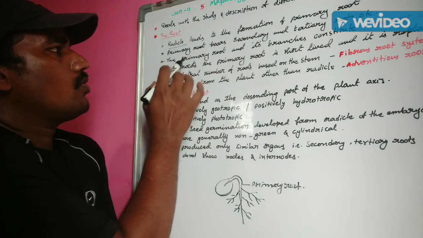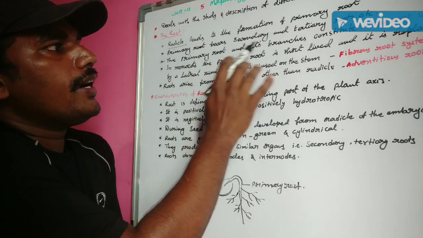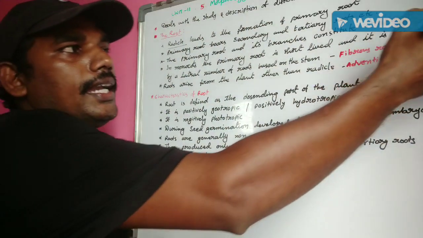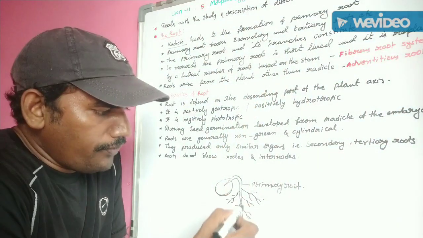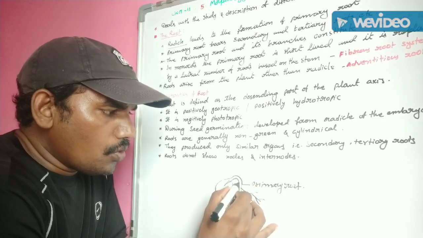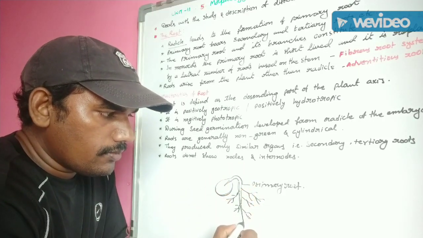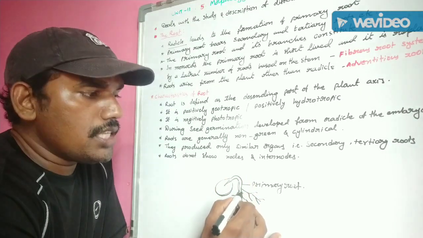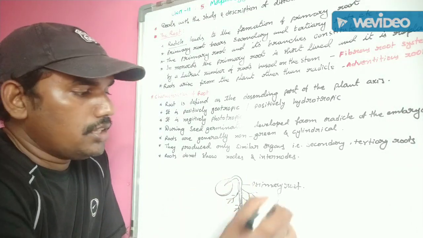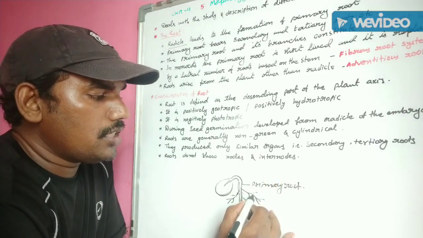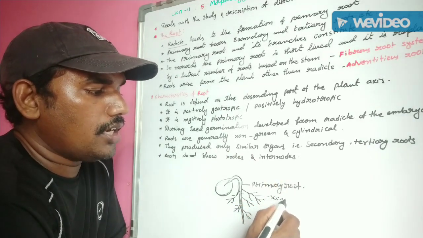Understand? The next one. The primary root and its branches constitute a taproot system. This type of root is known as a taproot system. The primary root is the main root and lateral roots arise from this primary root. These are the secondary roots.